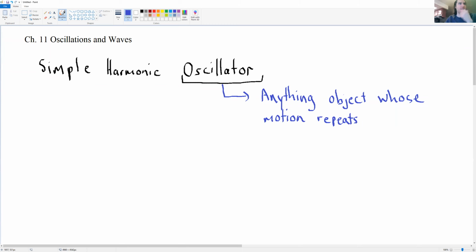And we would even say that something whose motion approximately repeats, we would even call that an oscillator as well, because, you know, in reality things lose energy, right? If something loses energy, of course it's not going to be moving the same way forever, right? So any object whose motion repeats, we'll put in parentheses, even approximately.